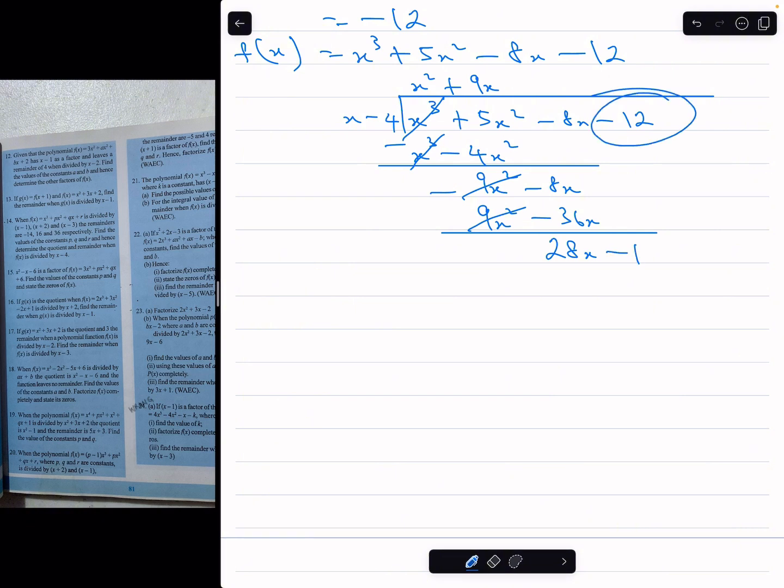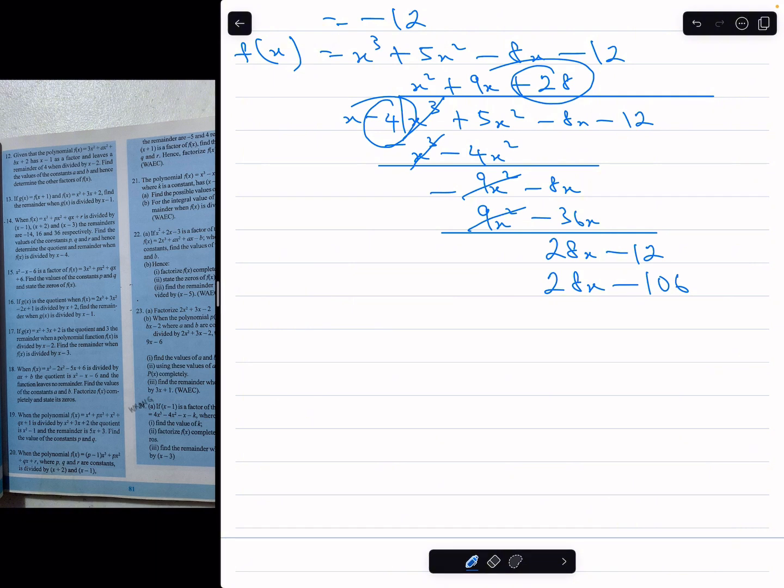We bring down the next term, which is minus 12. And we go again. 28x divided by x, that's 28. When we multiply x times 28, that's 28x.